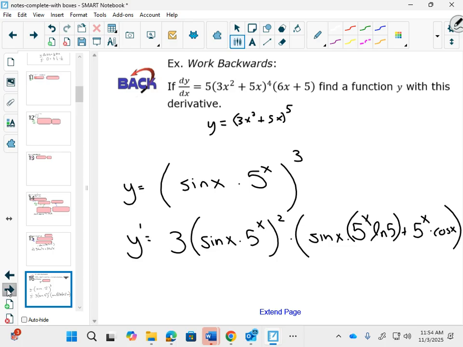That hurt your brain a little bit? Or do you feel like if you say the rules out, it wasn't so bad? Derivative of the outside, keep the inside the same. But then when I had to do the derivative of the inside, I had to jump into my product rule steps to do the derivative of the inside.